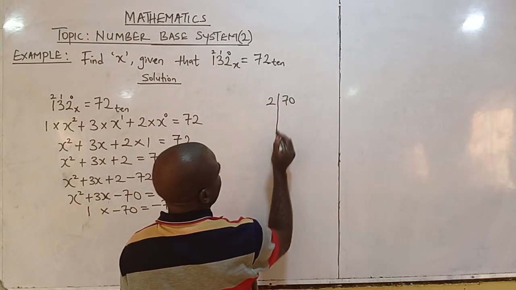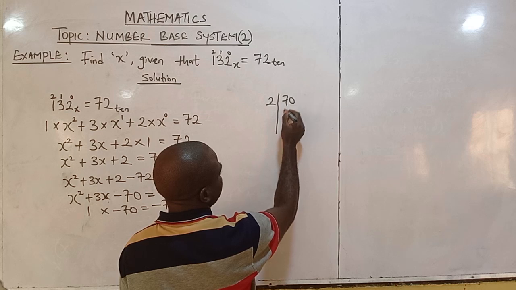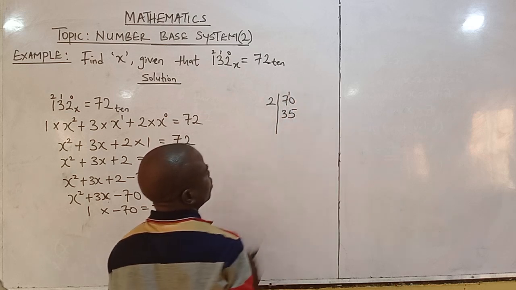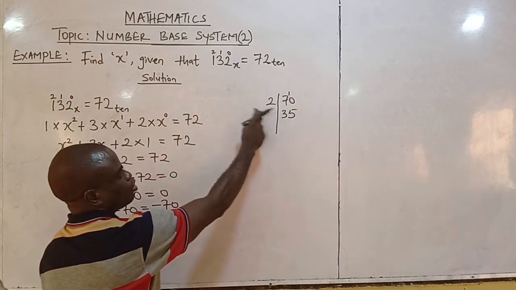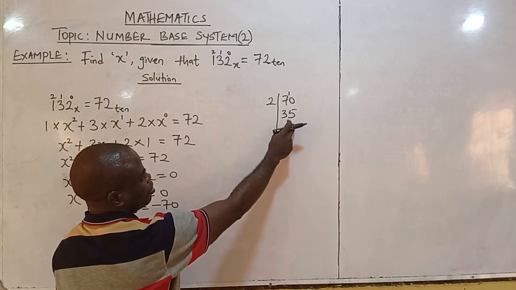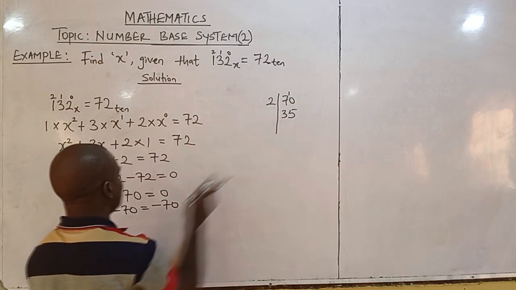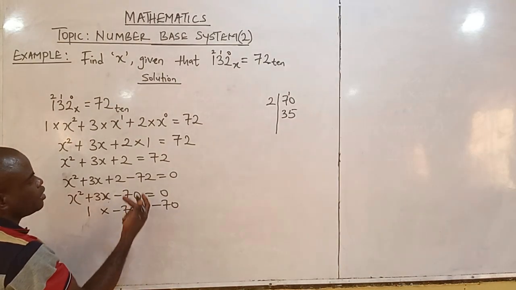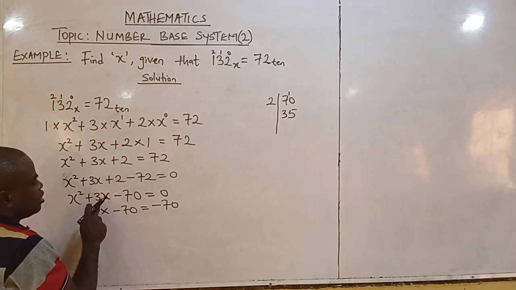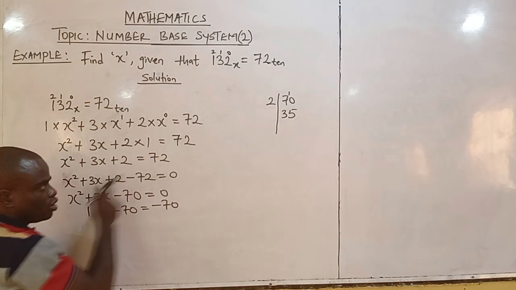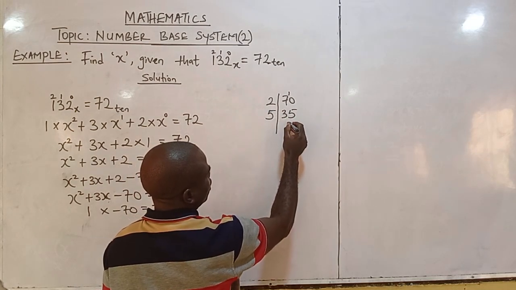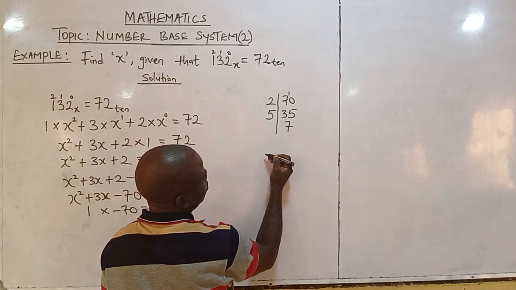Now let's start with the lowest number. 2 in 7, 3, remainder 1, 2 in 10, 5. You see that when you pick these 2 and 35, when you multiply it, it will give you 70 actually, but when you are adding it together, it can never give you plus 3. You now continue. 5 goes in, that is 5, that's 7.